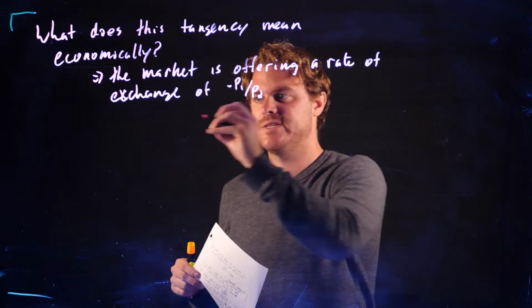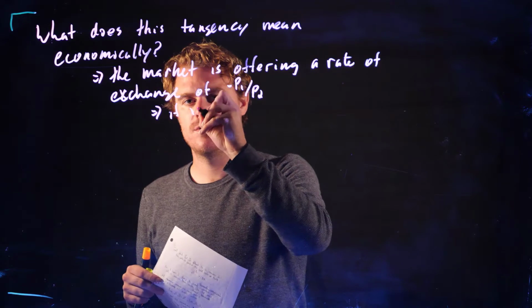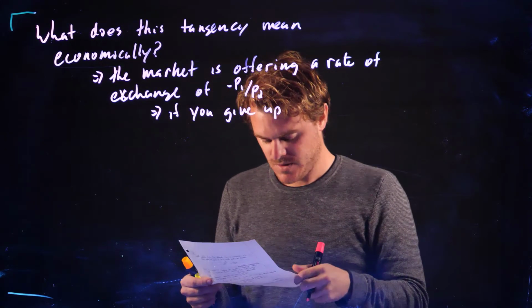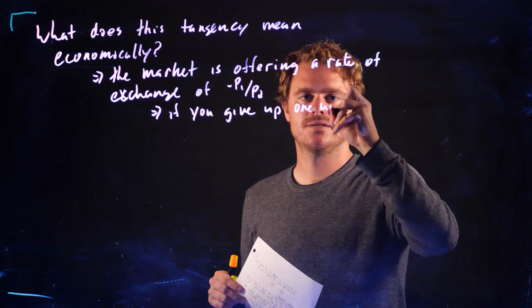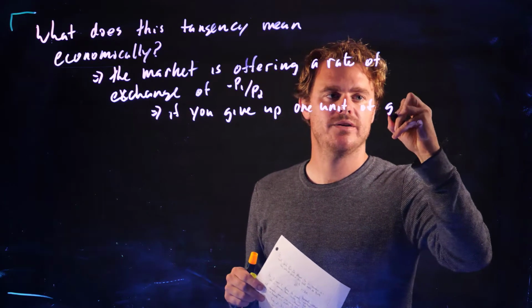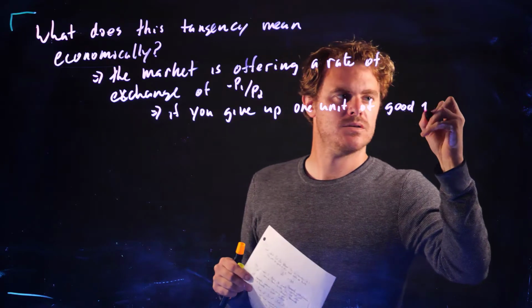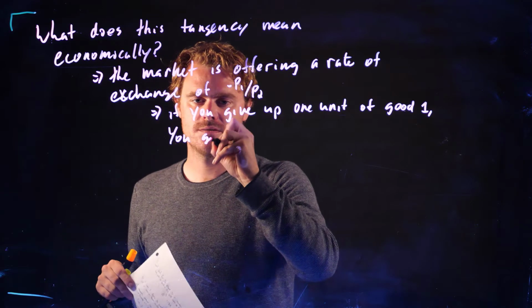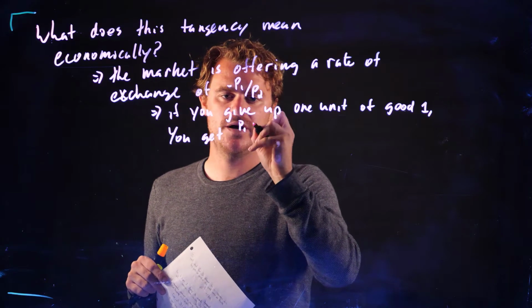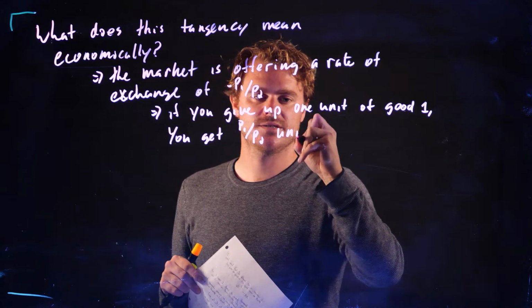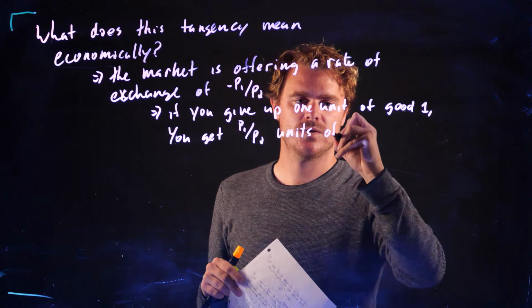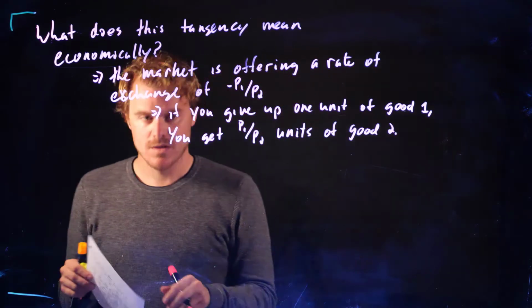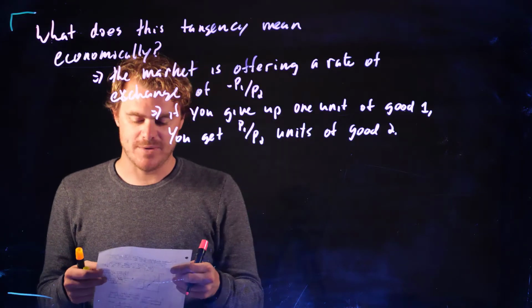This means if you give up 1 unit of good 1, you get P1 over P2 units of good 2. Remember, that's what the slope is capturing.